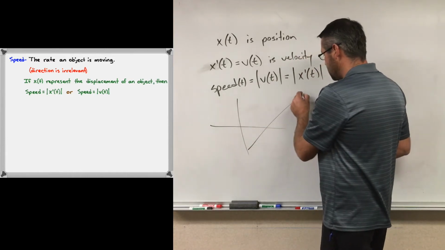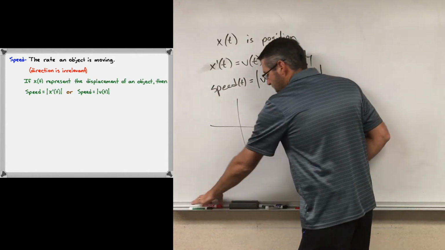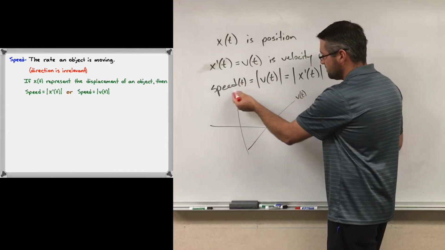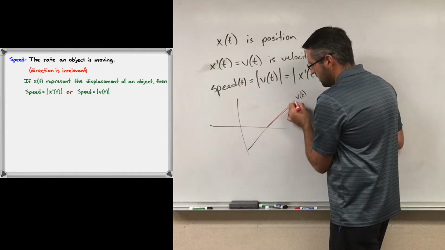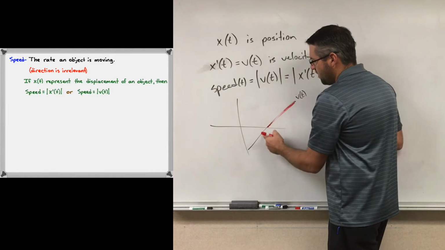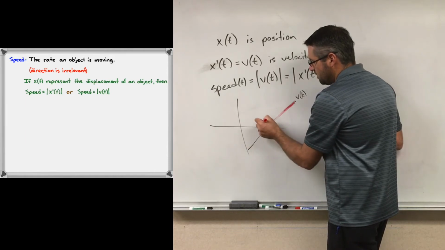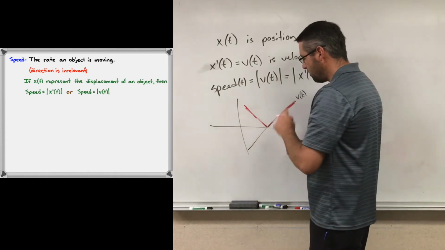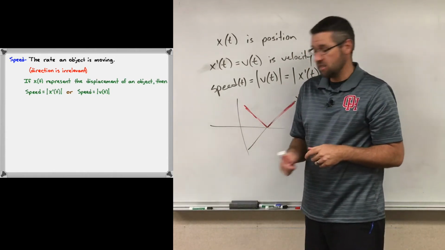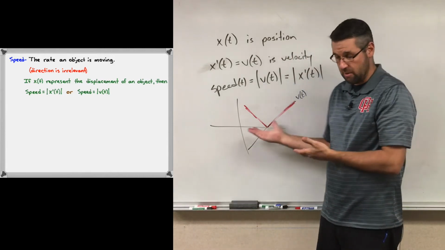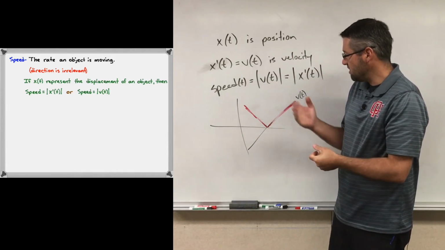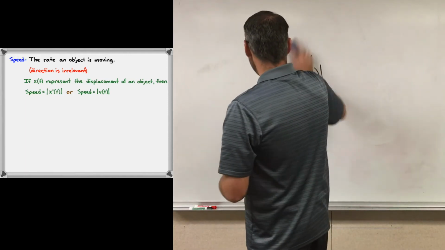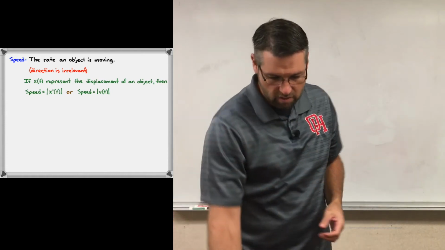So if this is v of t, then whenever the velocity is positive, the speed will be the same thing. But whenever velocity is negative, the speed will be the opposite of it because it's the absolute value of it. The point is this. If velocity were a linear function, just an example, then the speed function would be an absolute value function, okay? So speed is the absolute value of velocity.